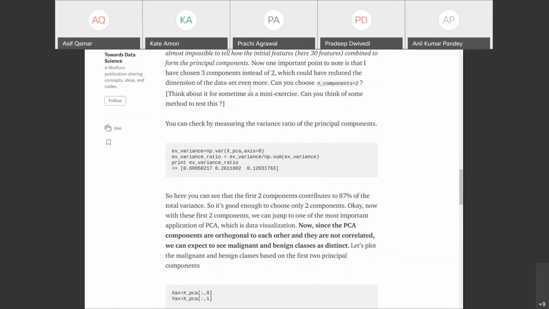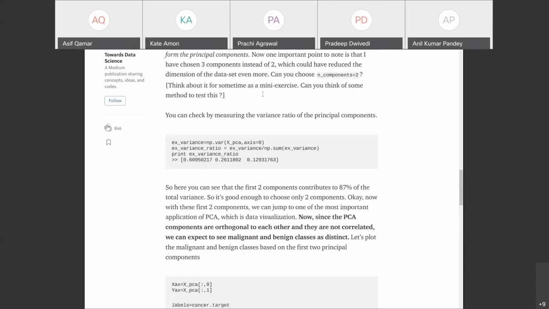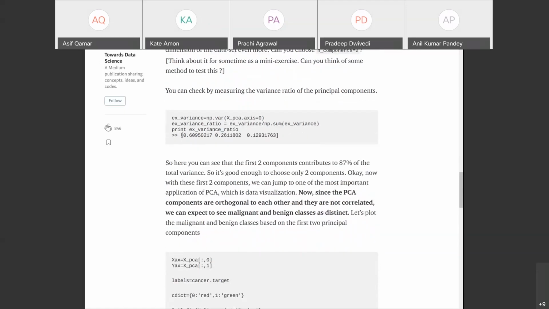To capture that, you look at it and you realize that the numbers are like this: 60, 26, 12. Right? So the first dimension captures 60% of the information. Second captures 26. So what is the addition of these two? 60 plus 26 is 86. 86 plus 12, or 13, is 99.